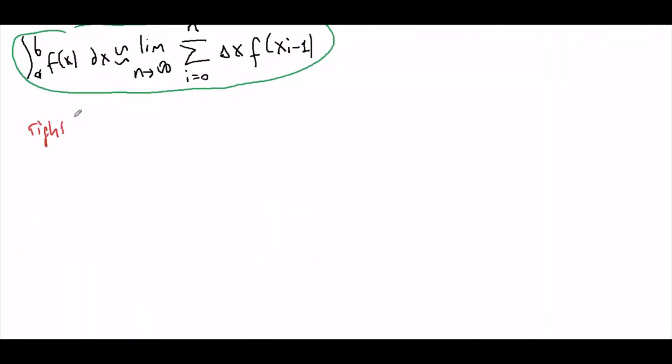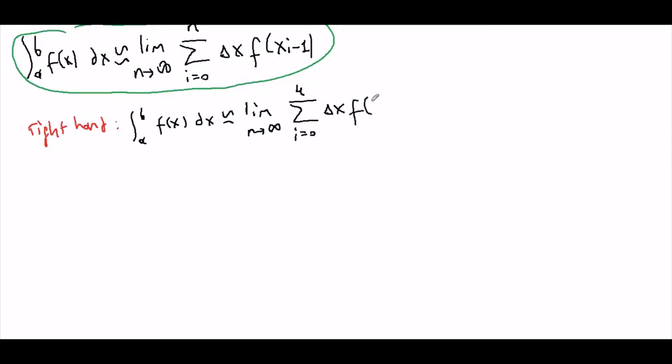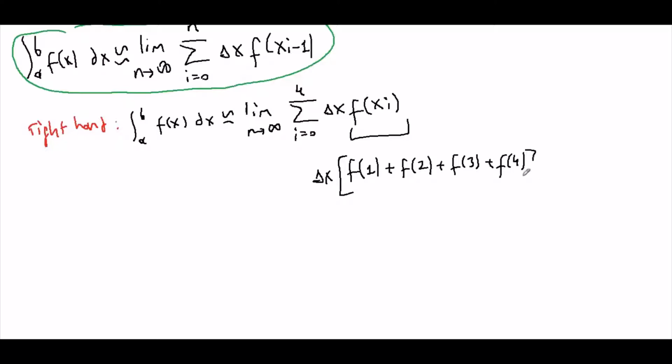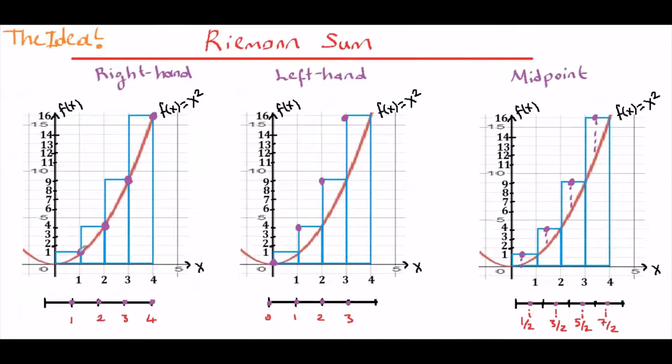Our right hand formula will be integral from a to b f of x dx is approximately limit as n is approaching infinity, summation i from 0 to 4, in our case delta x is 1, and f of x i, that means f of 1 plus f of 2 plus f of 3 plus f of 4 times delta x, because our right points are 1, 2, 3, and 4 on the curve.